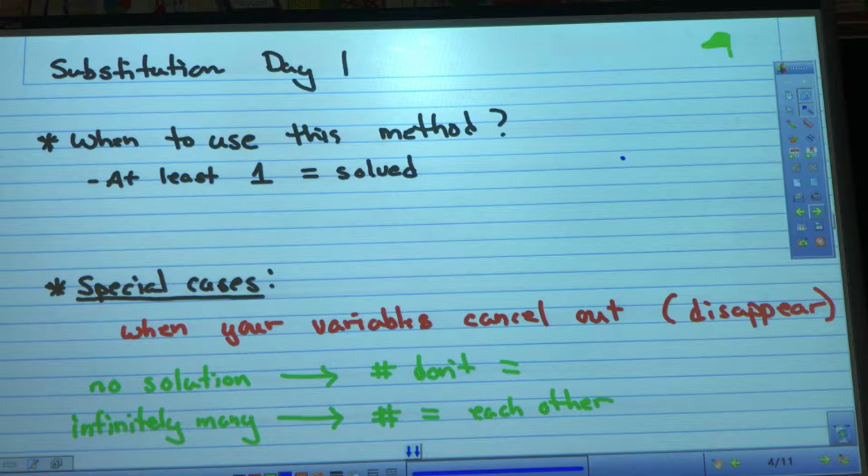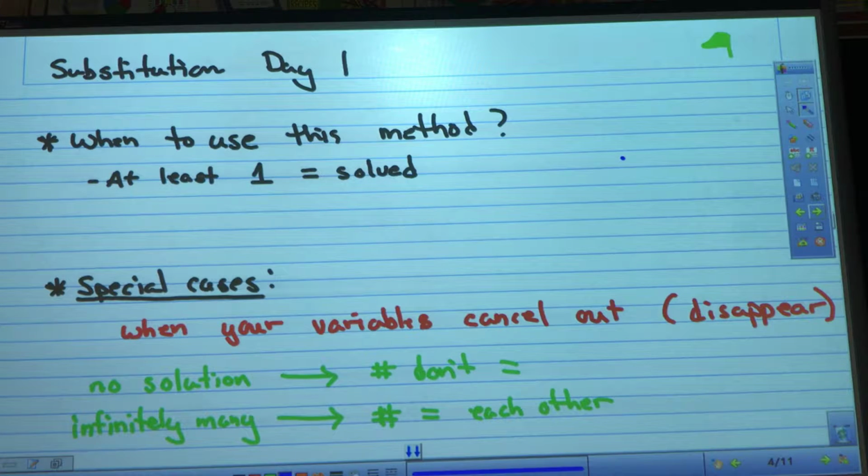Now we want to know, when is this probably the most useful method? Well, it's most useful when we at least have one of our equations solved. So we're looking for solved equations. It does not necessarily have to be slope-intercept form, but it could be, okay? But it has to be solved. It's either y equals or x equals or whatever other variable you're using equals. It's got to be a solved equation. That's what we're looking for, okay?